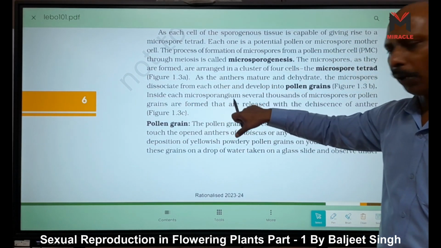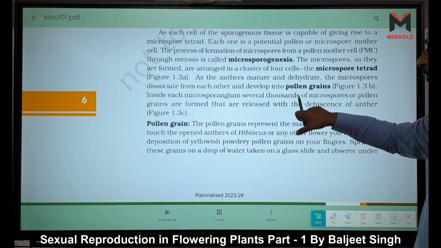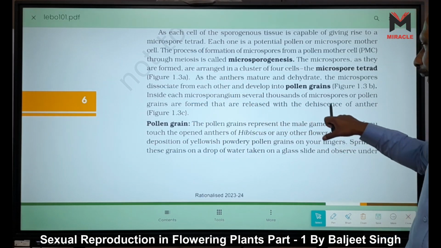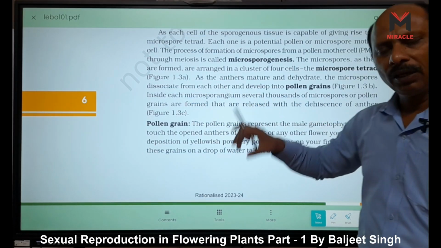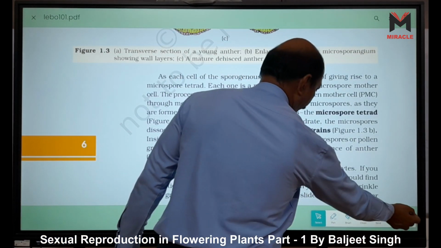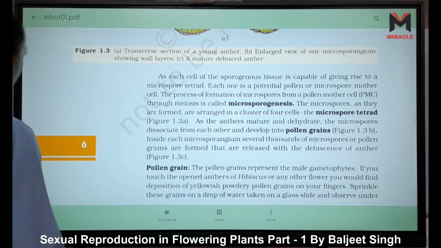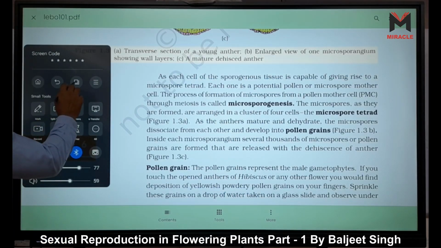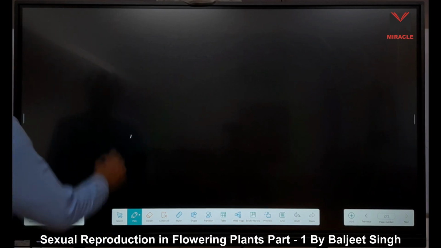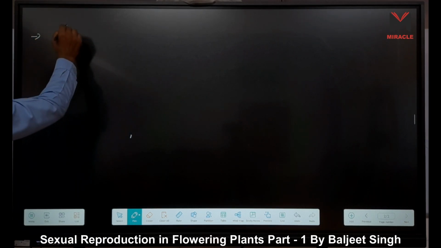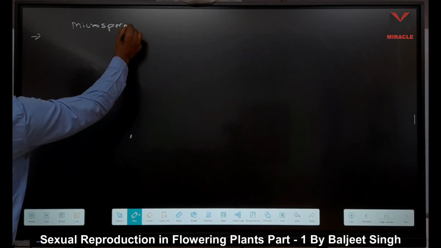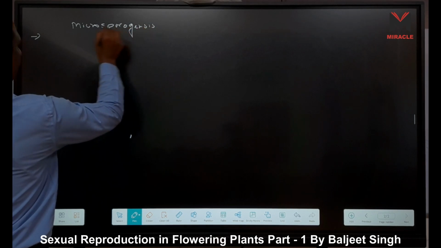Inside each microsporangium, several thousands of microspores or pollen grains are formed that are released with the dehiscence of the anther. Figure is also given. So, first I am going to tell you about the formation of microspore. Here we can say microsporogenesis.